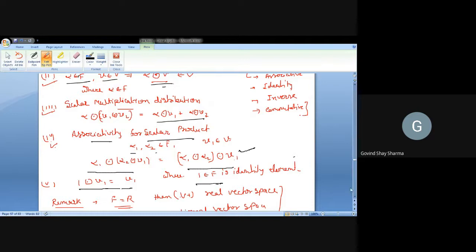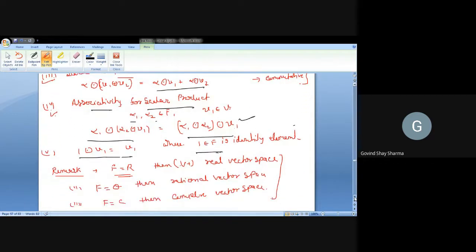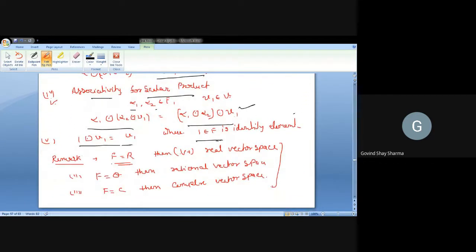Now if we take the field F equal to R, then it is called a real vector space. If F is equal to Q, then a rational vector space, and if F is equal to C, a complex vector space.